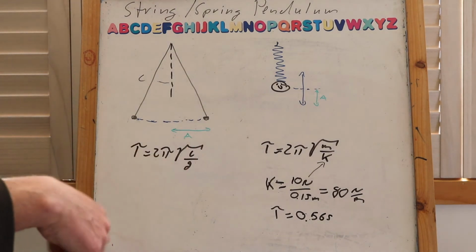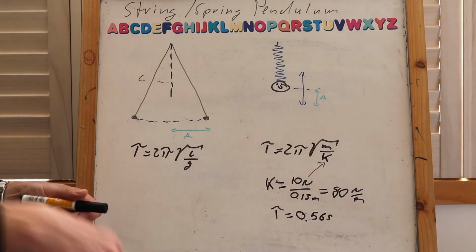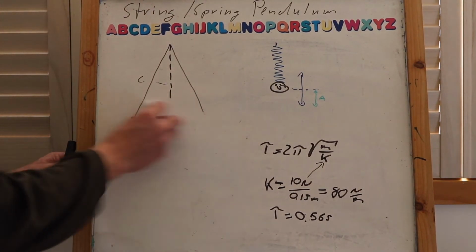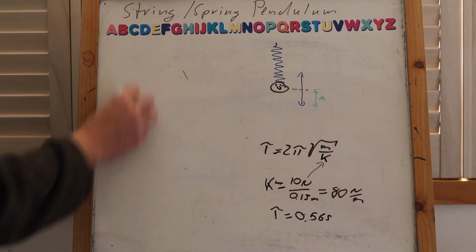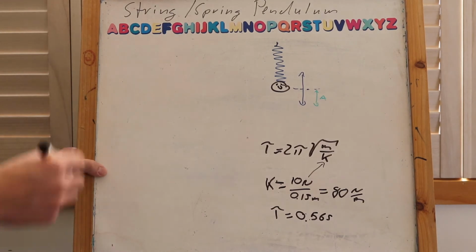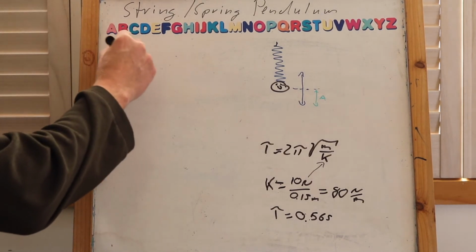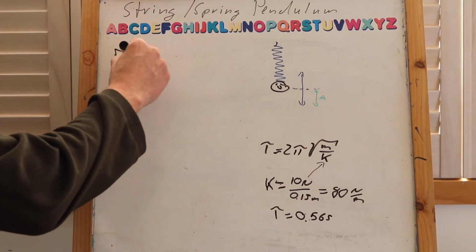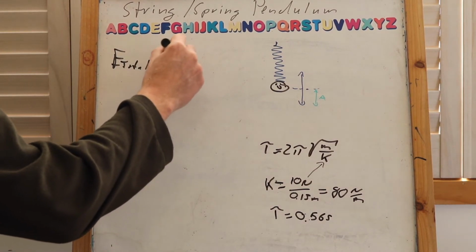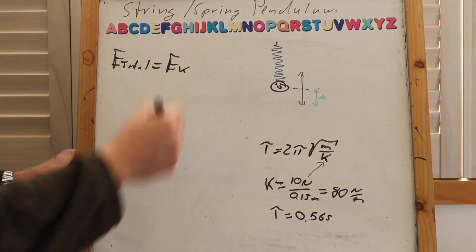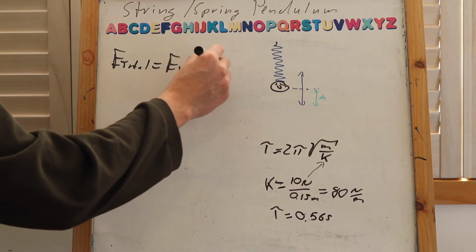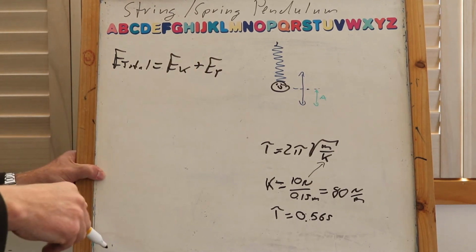Now, I told you guys that at any time an object that's performing simple harmonic motion, the total energy equals kinetic energy of the object oscillating plus potential energy.